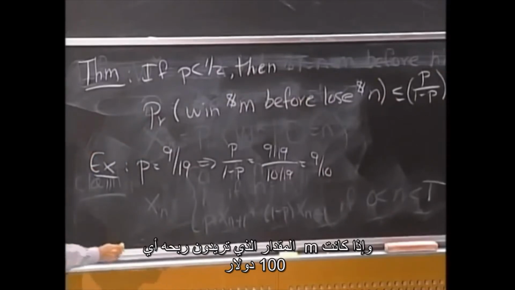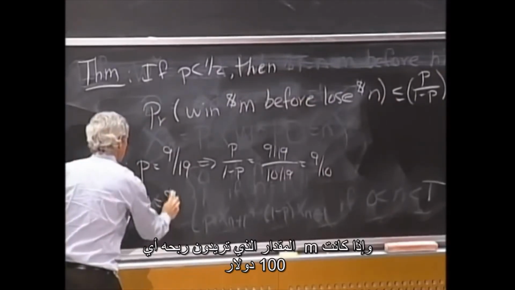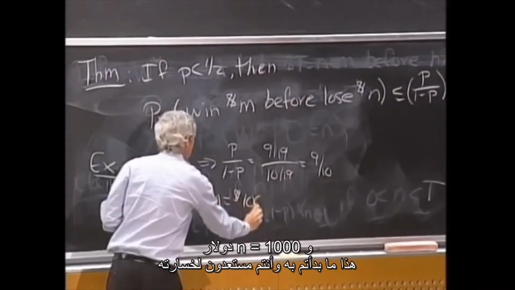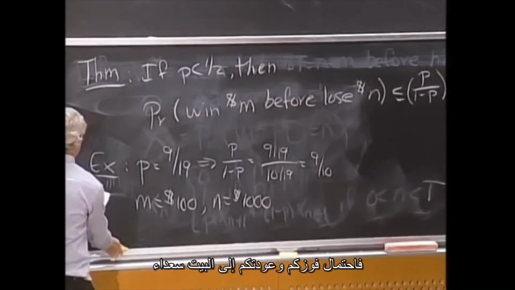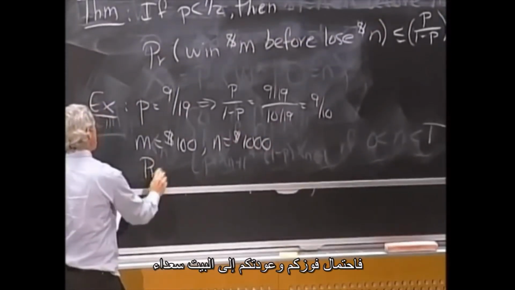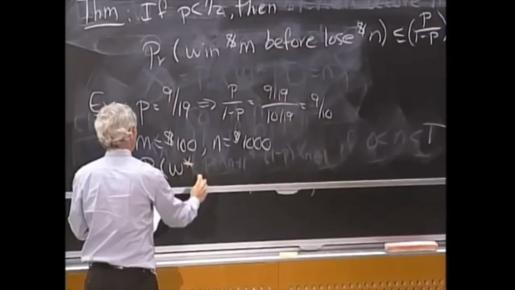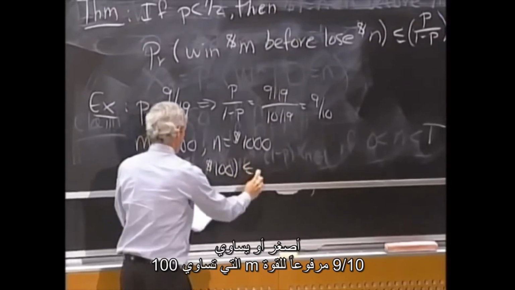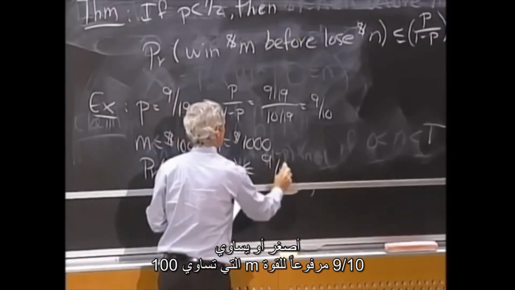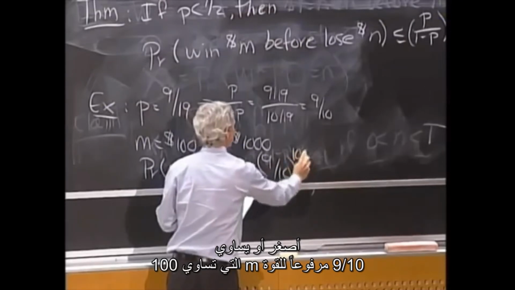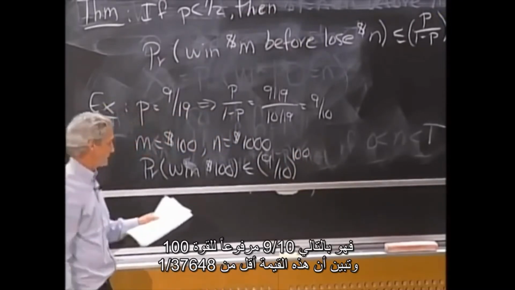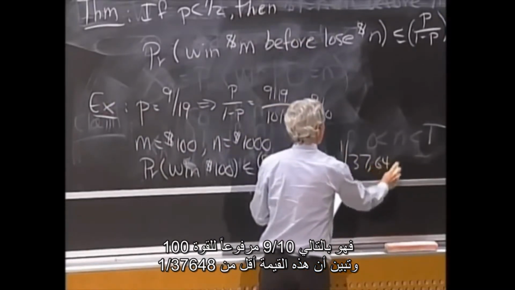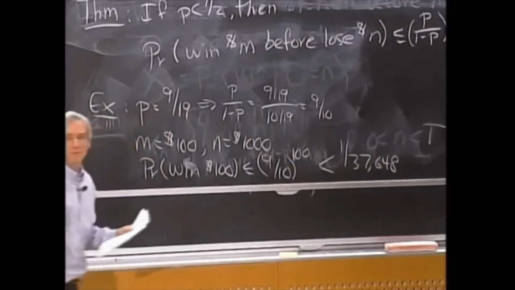And if m, the amount you want to win, is $100, and n is $1,000, that's what you start with, the probability you win, you go home happy, that you win $100, is less than or equal to 9/10 raised to the m, which is 100. So it's 9/10 to the 100, and that turns out to be less than 1 in 37,648, which is where that answer came from.